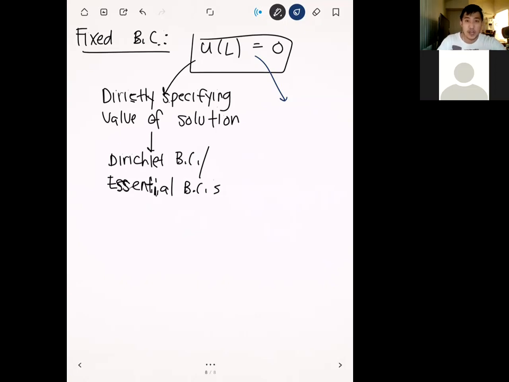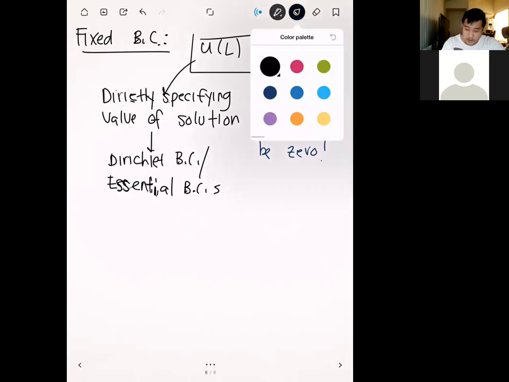A lot of times you want to set a Dirichlet boundary condition to a value that's not 0. The value of the Dirichlet boundary condition does not have to be 0. It just so happens that in structural problems, most of the time, an essential boundary condition happens to be 0, just because it's a constraint.